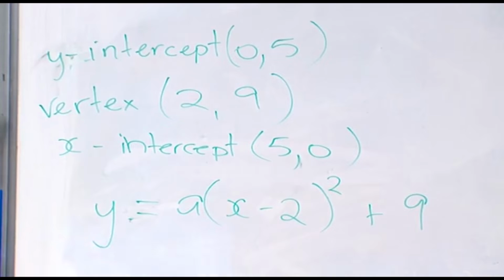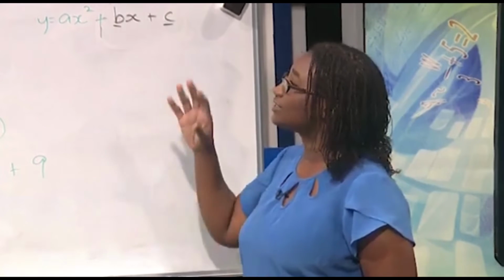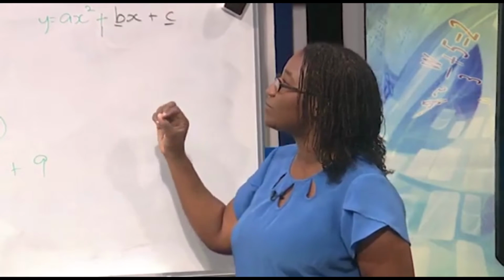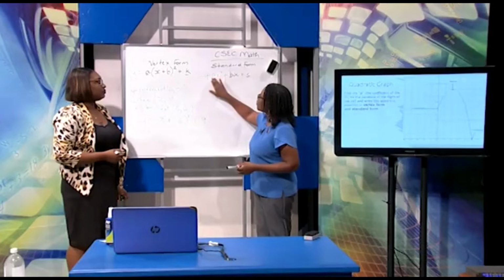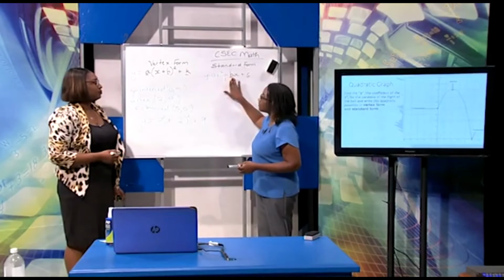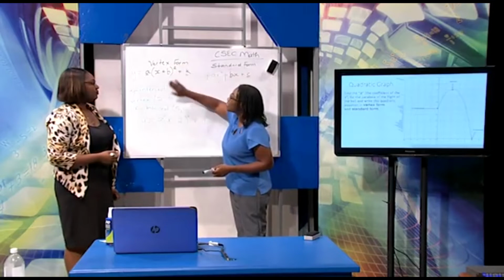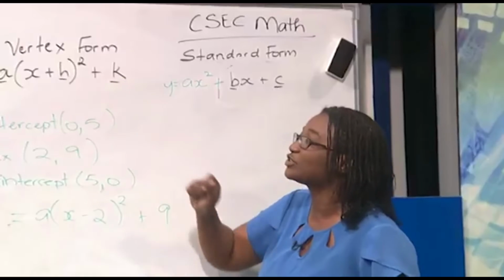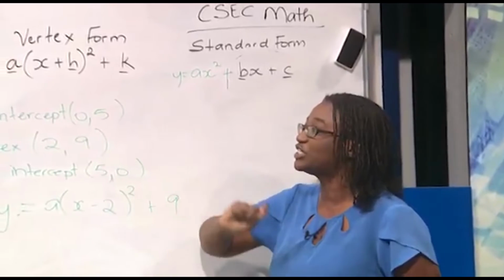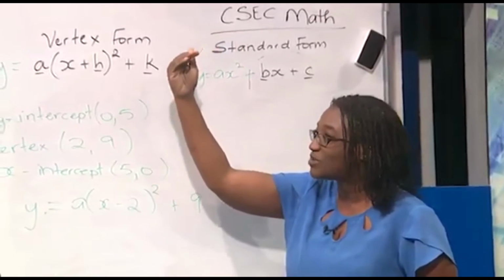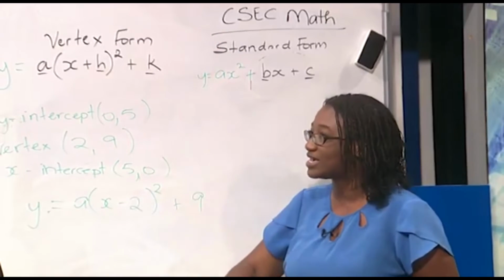All right, so Brittany, just to recap, remember we said that our quadratic functions can be written in standard form, where we have ax squared plus bx plus c, and over here we have it in vertex form because our h and our k actually tell us the vertex, which is either the maximum if our graph is sad or the minimum.